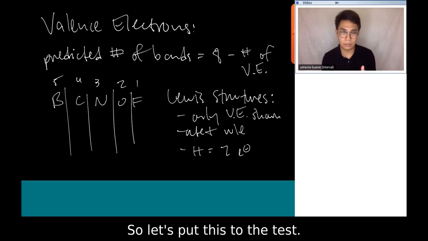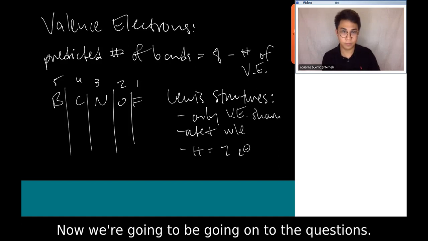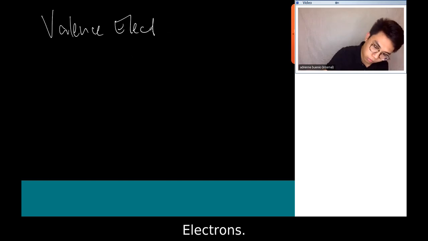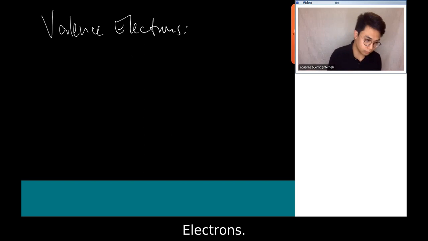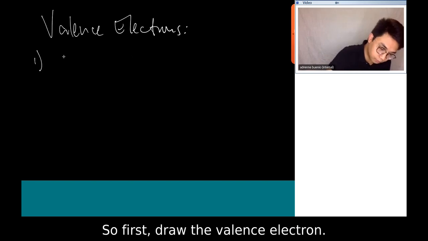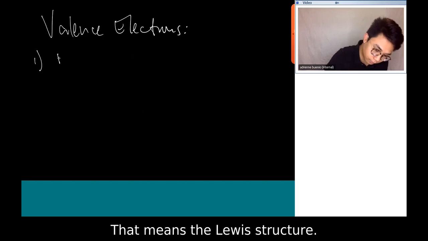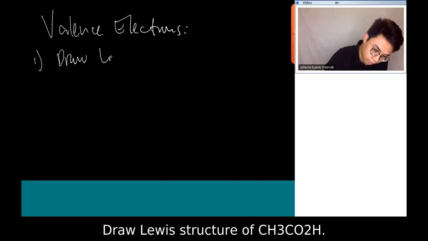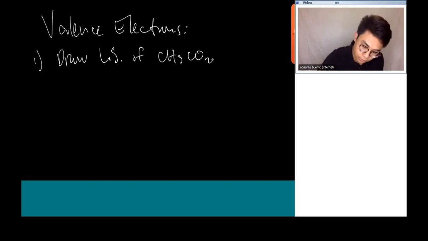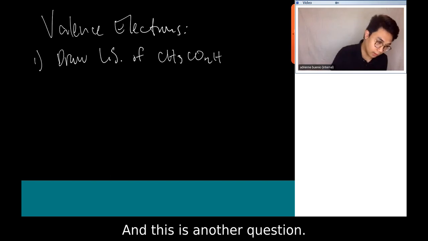So let's put this to the test. Now we're going on to the questions. First, draw the Lewis structure of CH3CO2H. And this is another question: which are correct? We have this one, this one, and then this one.